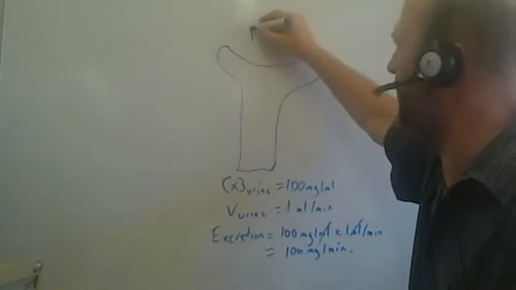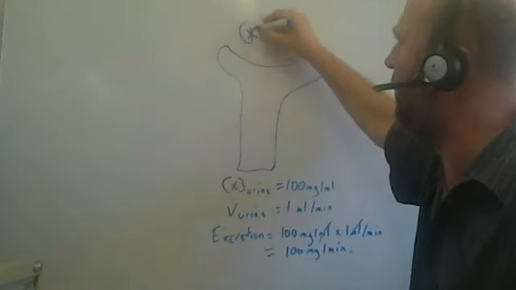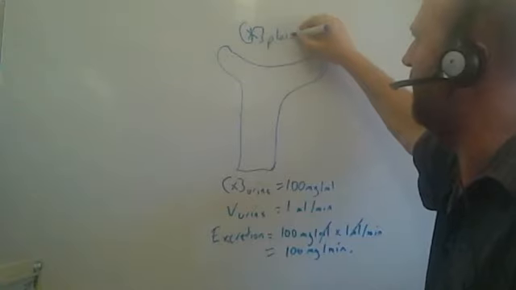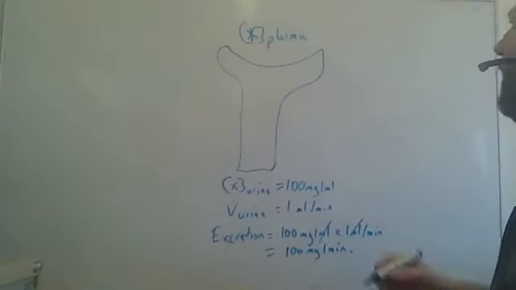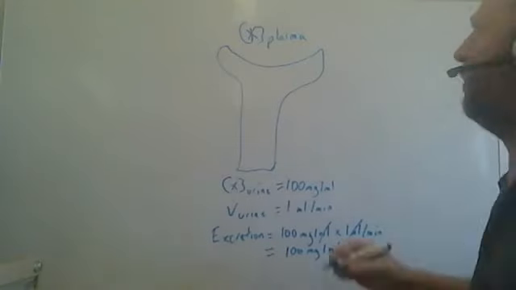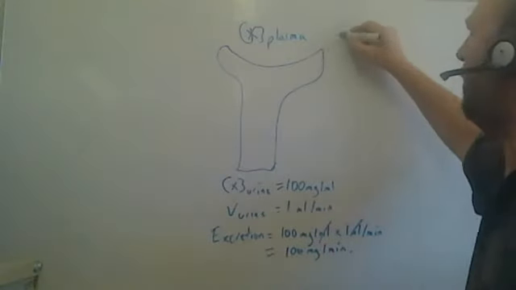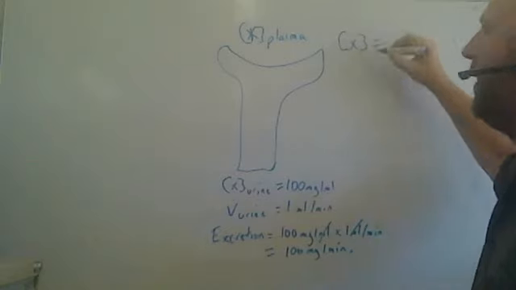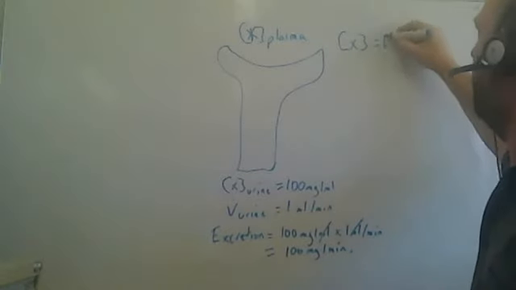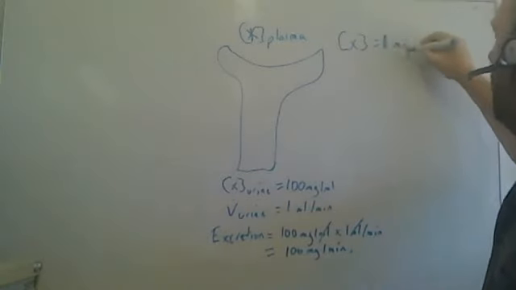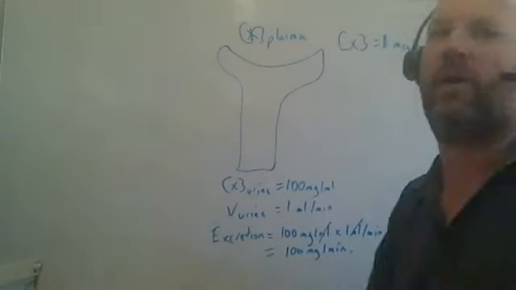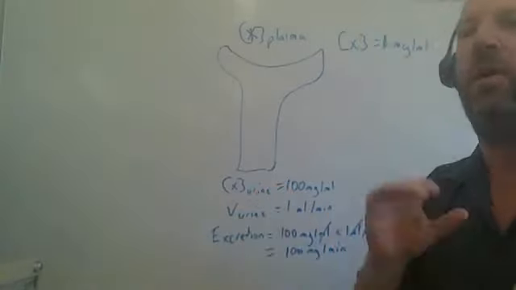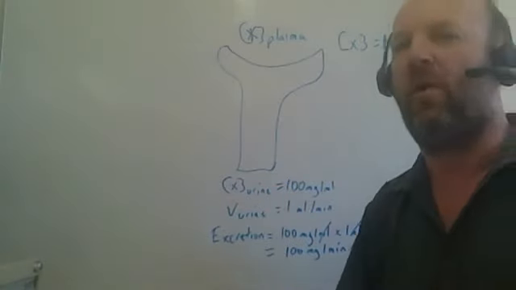What is the concentration of X in the plasma? Okay. So let's have a look. Let's say that the concentration of X in the plasma, which we easily can measure, equals 1 milligram per mil. So therefore, in every mil of plasma, you have 1 milligram of X.